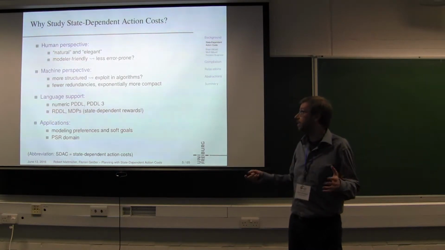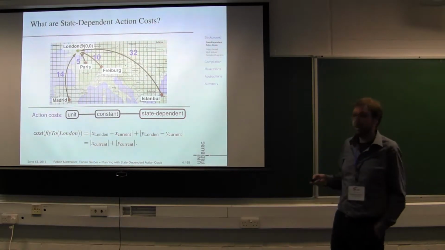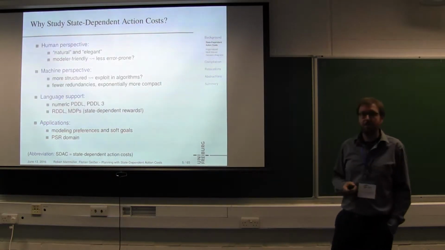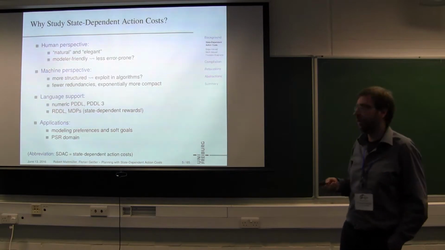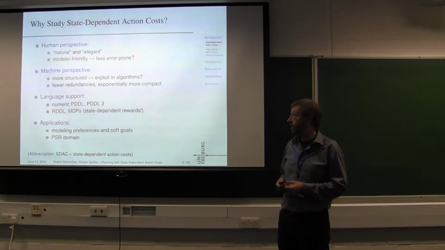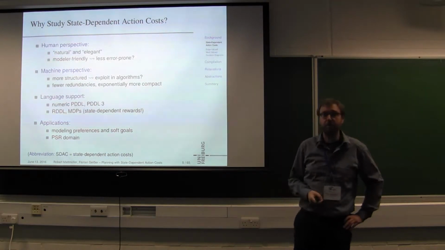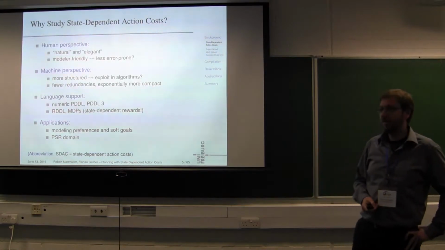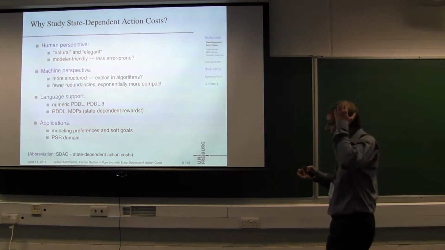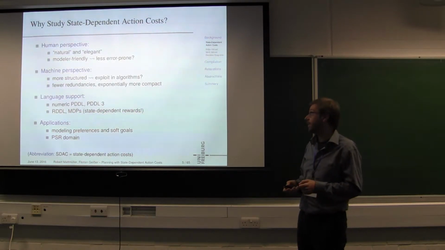There's less to write, there aren't these weird constant numbers, just Manhattan distance, for example. But it's also helpful for machines, for algorithms dealing with planning tasks. This higher structure in the cost functions might be something we can exploit in algorithms, and not only is this representation more structured, it's also smaller in many cases.